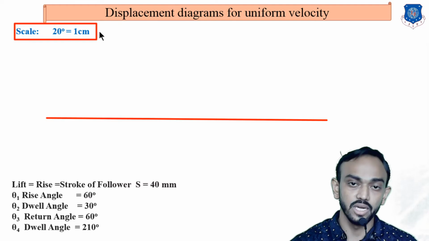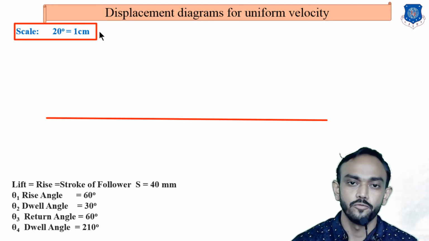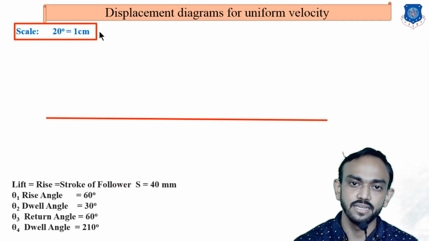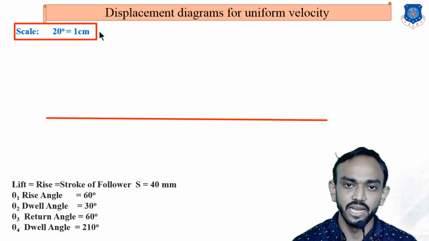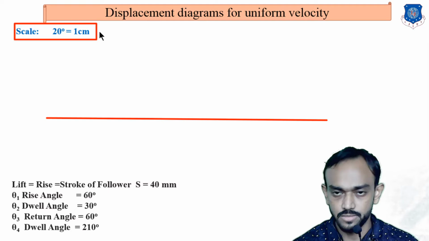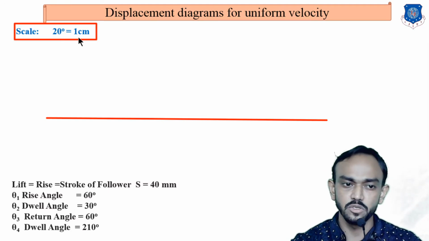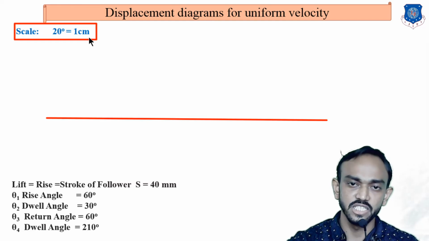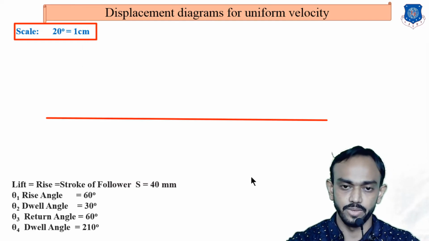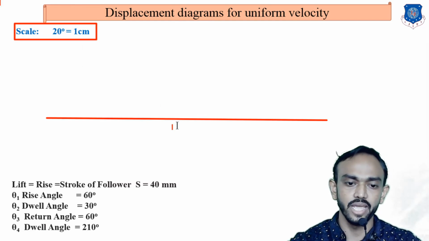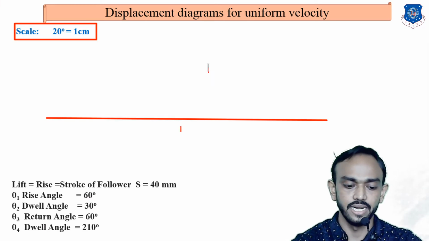For one revolution of the cam there is 360 degree, and if we want to draw the whole 360 we have to change the scale. So 20 degree is equal to 1 centimeter, so 360 is equal to 18 centimeter. So first of all we have to make here 18 centimeter.